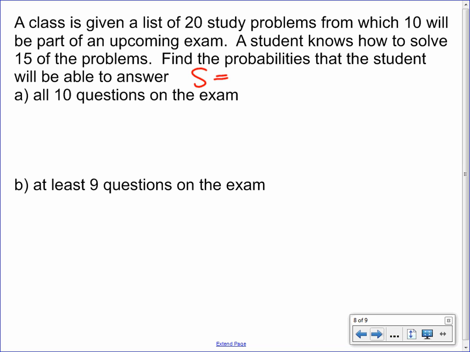We have 20 study problems, only 10 will be on the test. The teacher will only choose 10 of them for the test.